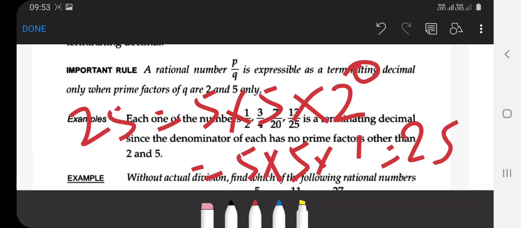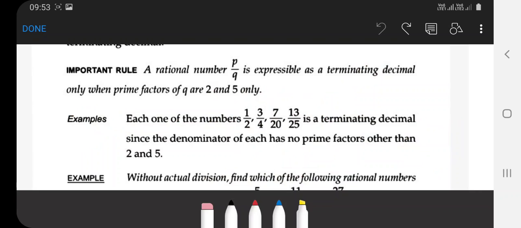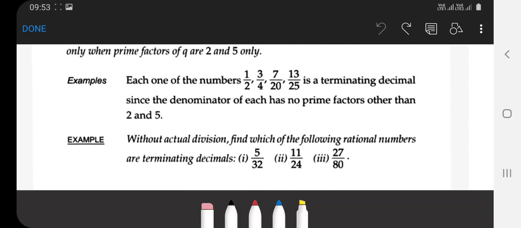Clear? So you must remember that if you represent the denominator as prime factors of 2 and 5, then the rational number is a terminating decimal. Other than 2 and 5, it is not a terminating decimal.